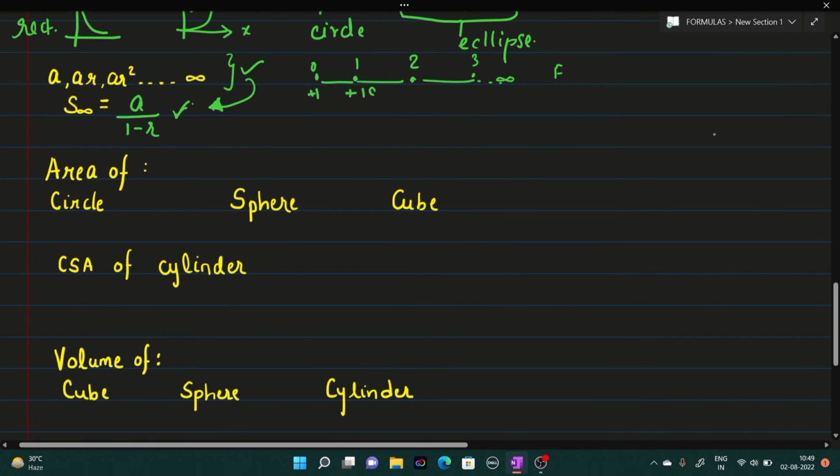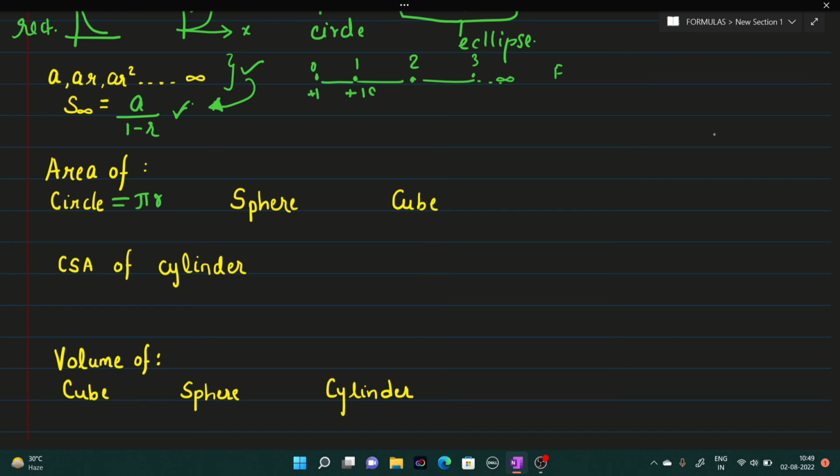After that, some basic formulas are required, such as the area of a circle, which is pi r square. For a sphere it is 4 pi r square. For a cube it is 6 multiplied by the side squared. The curved surface area of a cylinder is important, that is 2 pi r l.